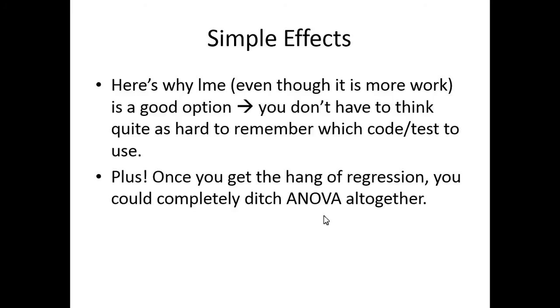It's already bad enough that we're doing R and they aren't all on board. But it is rather different. So when we get to mediation and moderation and regression, we'll talk about how this is ANOVA. So we'll come back to this. So that's my small push for why LME is the best option. It's not the shortest, but then I don't have to remember paired equals true, paired equals false.